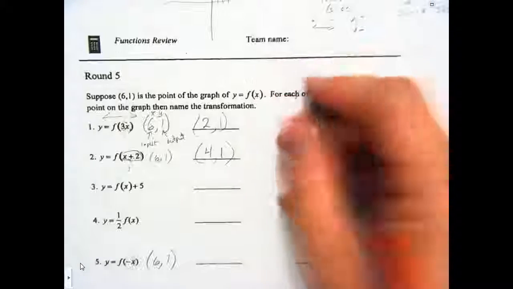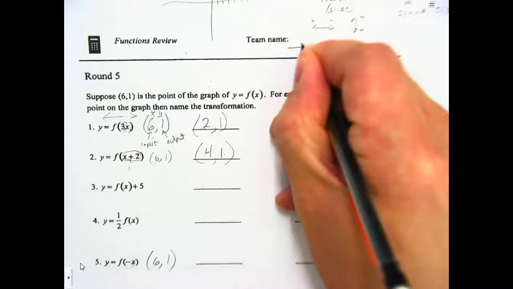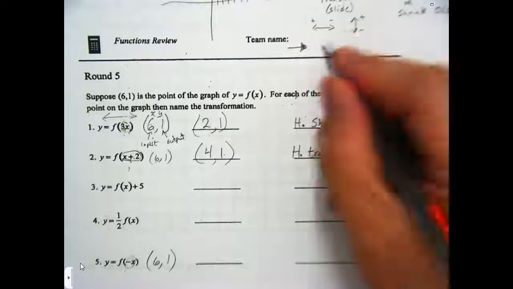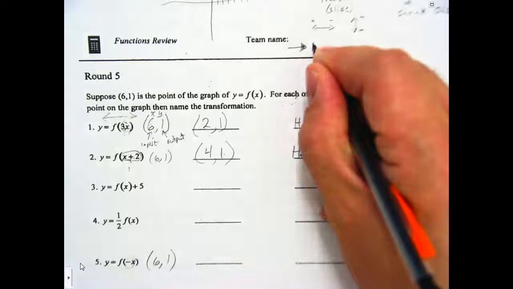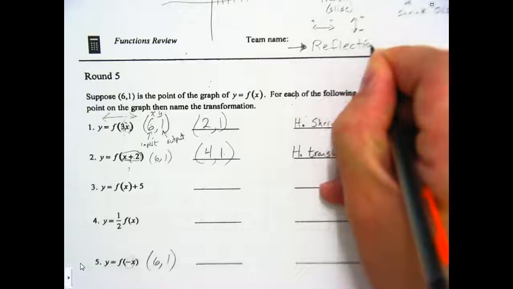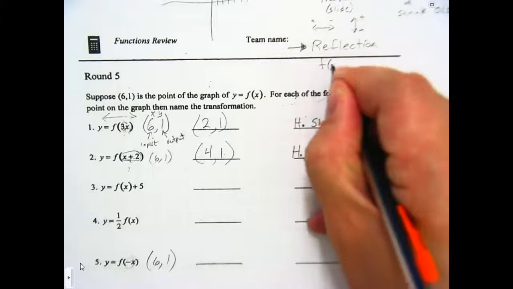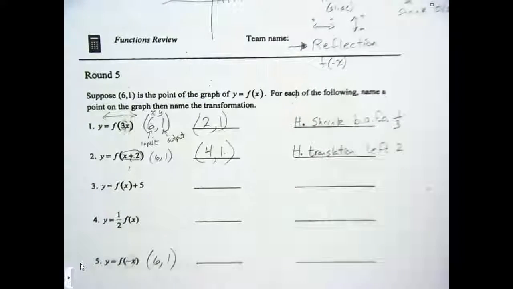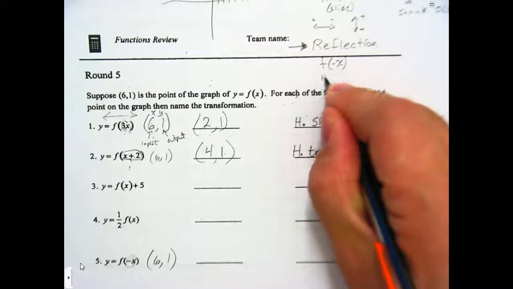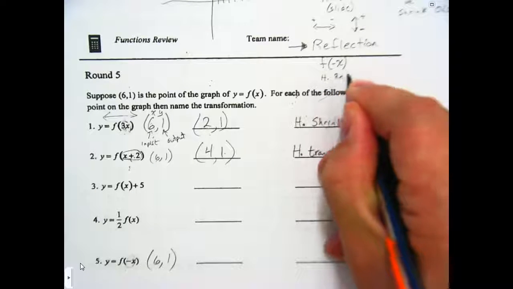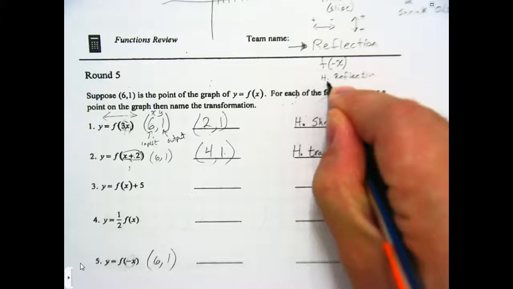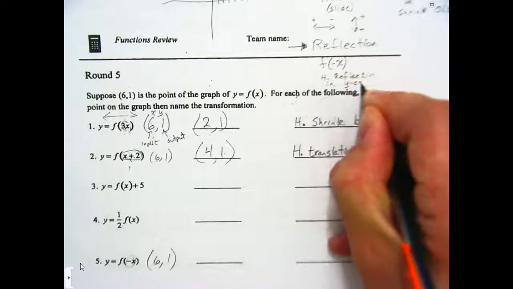Okay, what's the negative tell us? Remember, it's the last thing we added today. It's called a... Yeah, it's a reflection. Reflection. If it's f of negative x, it's reflection in the y-axis. Reflection in the y-axis. That is a horizontal reflection in the y-axis.